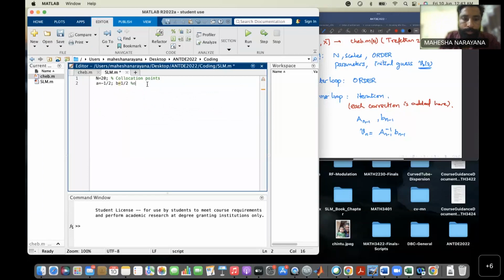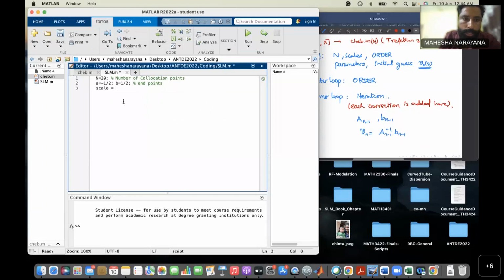And N is the number of collocation points. How many points do you want to take? Yeah, so our scale uses this A and B. So scale is, as I mentioned, 2 divided by B minus A.